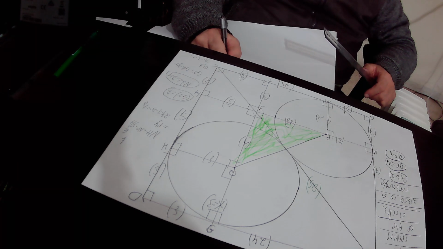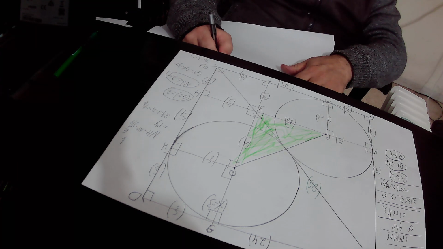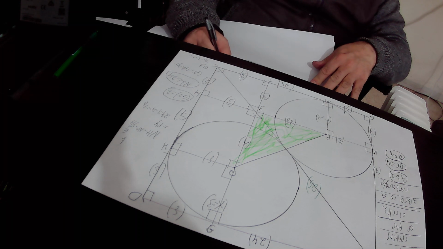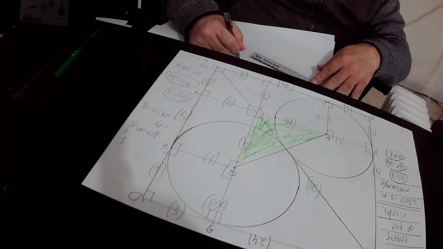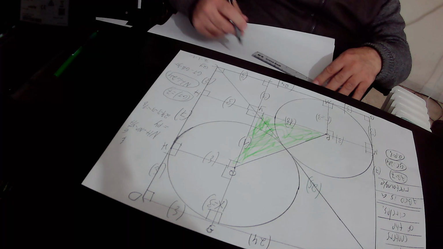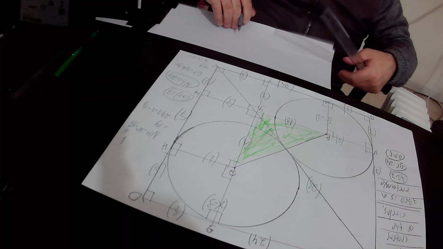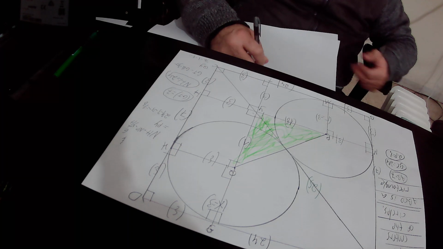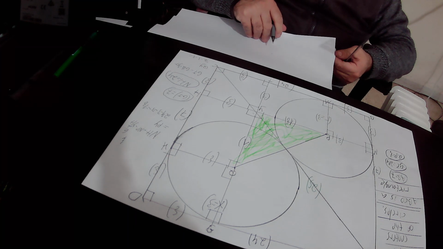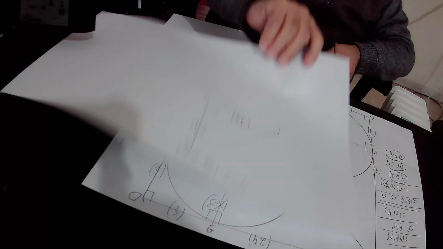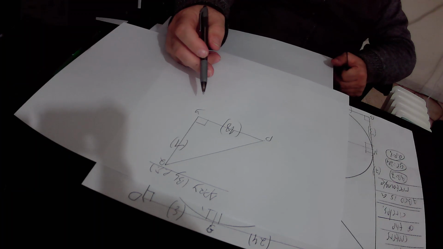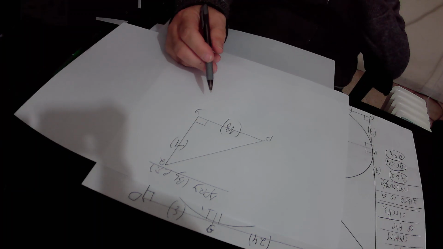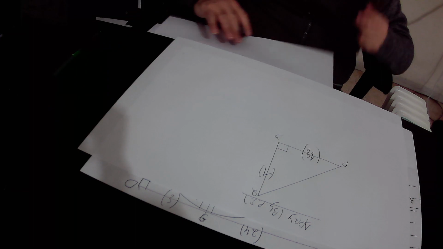PT is the notation for Pythagoras theorem. This is the right triangle QPY that I copied from the original drawing.